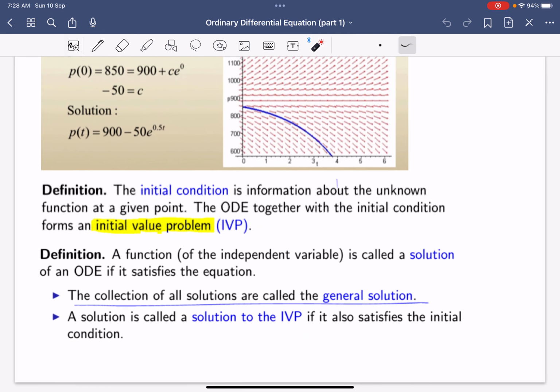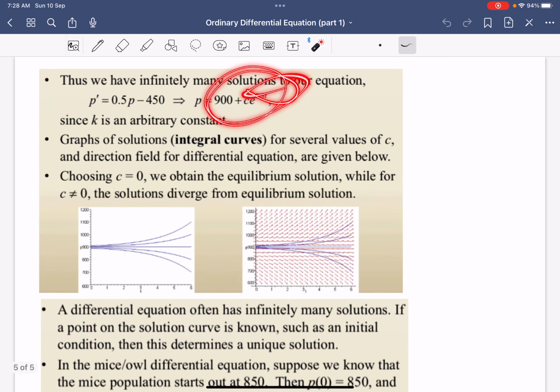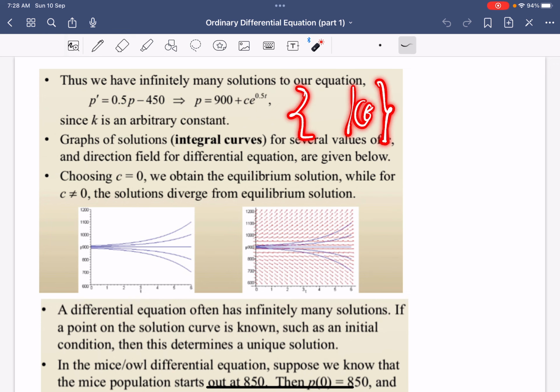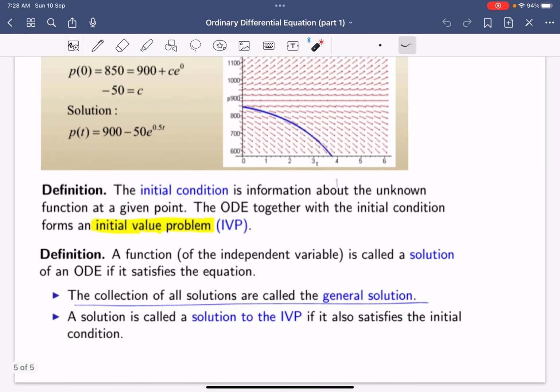And a function that satisfies an ODE is called a solution. And the collection of all solutions is known as the general solution, meaning this is a collection of all because it has the C. So the collection of all is just this set running C through real numbers. And the solution of a specific IVP is the solution to the IVP if it satisfies the initial condition.